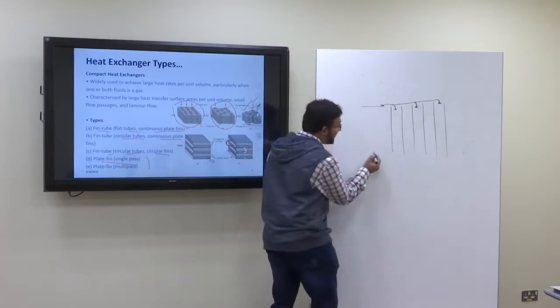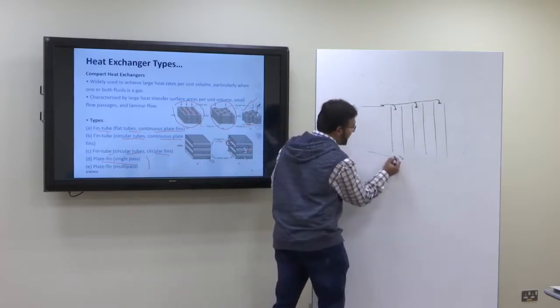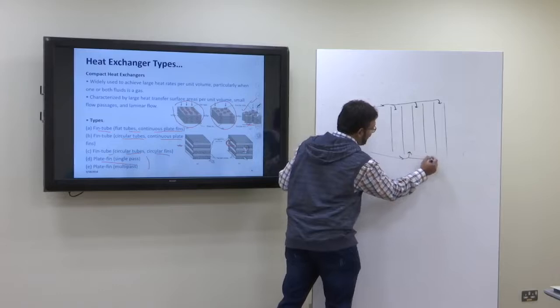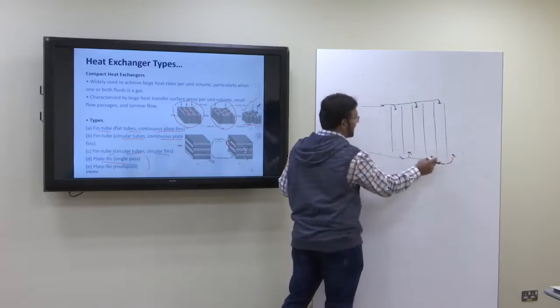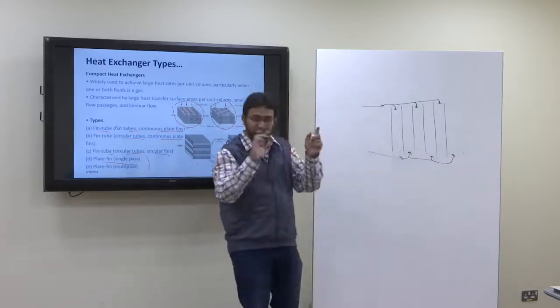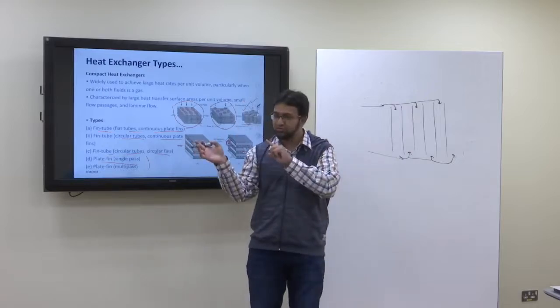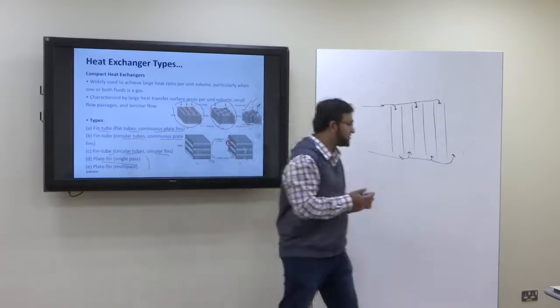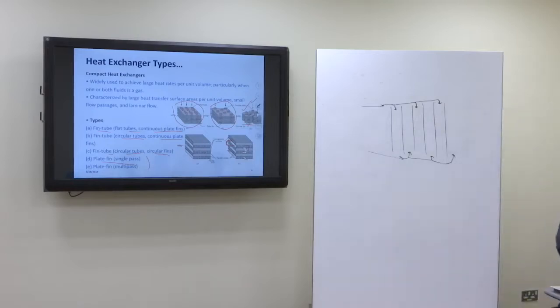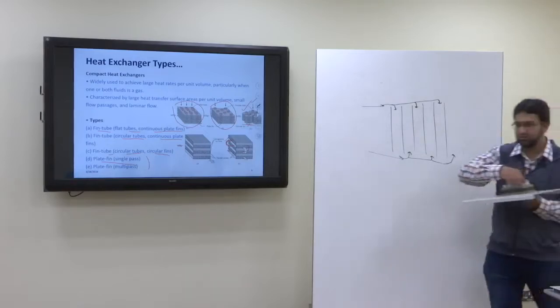Similarly, another fluid enters from here, and you have an opening here, an opening here, an opening here. So alternate plates have alternate openings, so that one fluid can pass. This entrance tube acts as an entrance header.